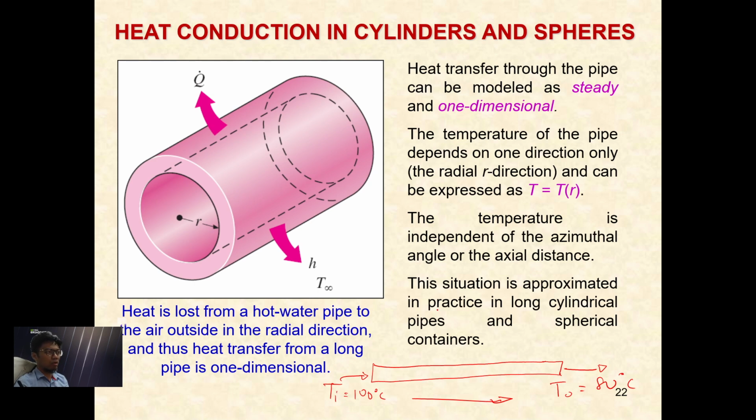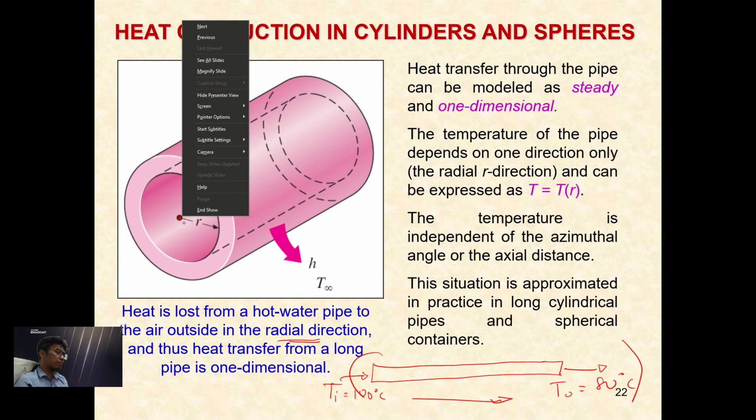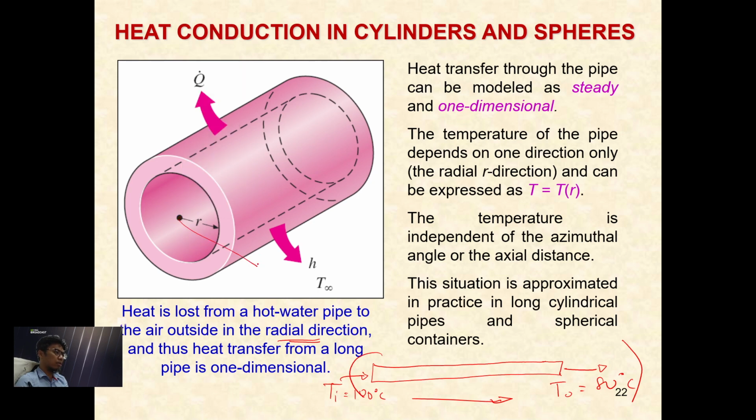So what we are trying to learn today is only the radial direction. There is also some heat transfer in other directions, but what we are measuring today is only in the radial direction, from the inner of your pipe to the outside of your pipe. Please remember that we're not measuring the heat transfer from the inlet of the pipe to the outlet of the pipe.